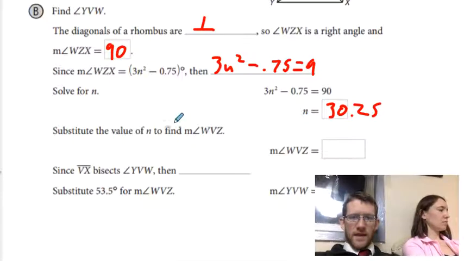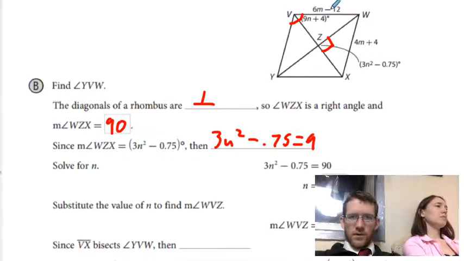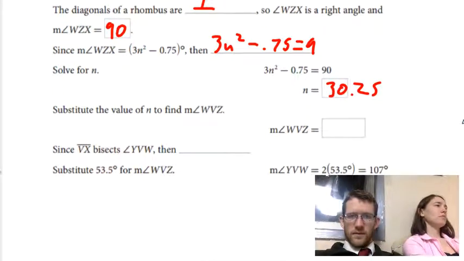Okay, and then we need to substitute that value of n in to find the measure of angle WVZ. So we can plug in n times 9 plus 4, which gives us some big angle.